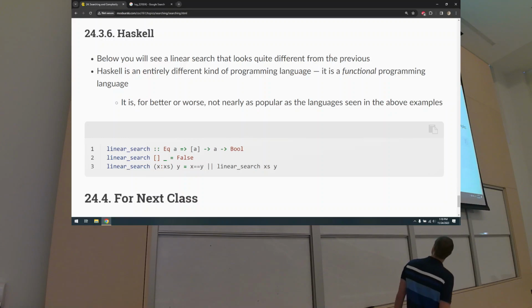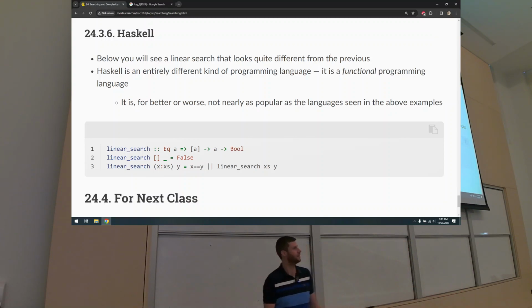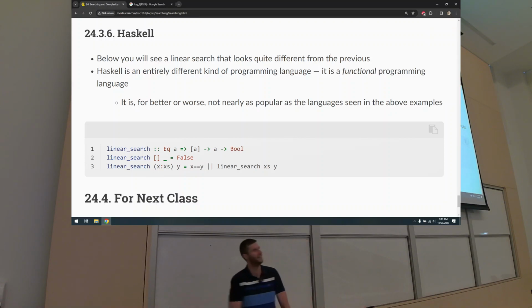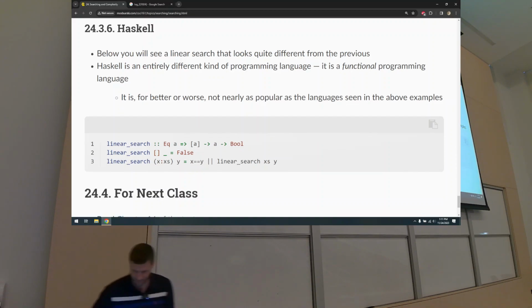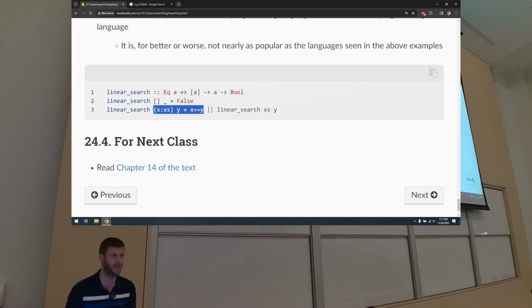That first line says, if you ever see an empty list, and the underscore means literally anything at all, it's false. Right? Great. That's easy. Right? Now the next line. The next line actually kind of has two parts. Let's focus on this part.